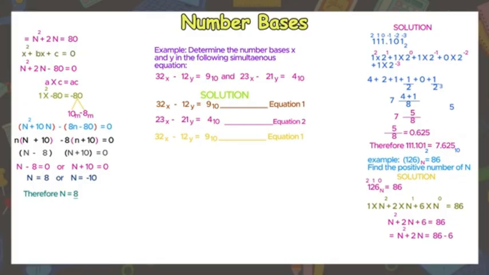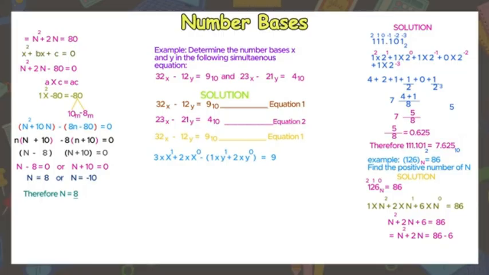So that means we have 3 multiplied by x raised to power 1 plus 2 multiplied by x raised to power 0, minus, remember to put this one in brackets so that it will not affect your workings, 1 multiplied by y raised to power 1 plus 2 multiplied by y raised to power 0, close the bracket, equal to 9, which is in base 10 already.